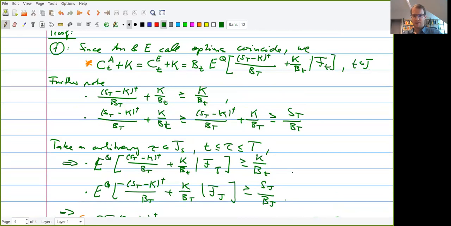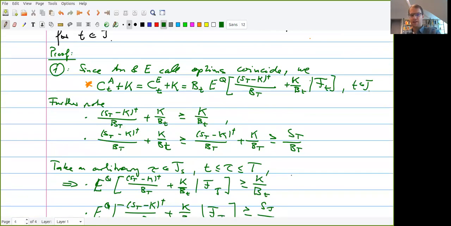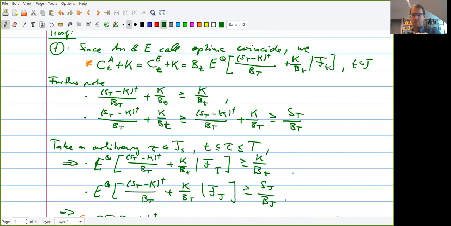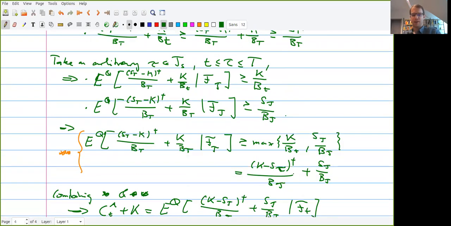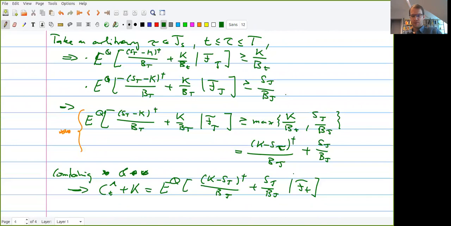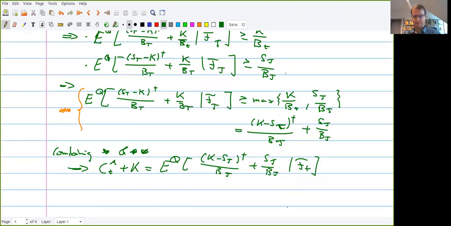So up here, this is exactly the left-hand side of star, and then I estimate the inner term, the random variable inside the conditional expectation, by using the tower property and then the estimate I made here.